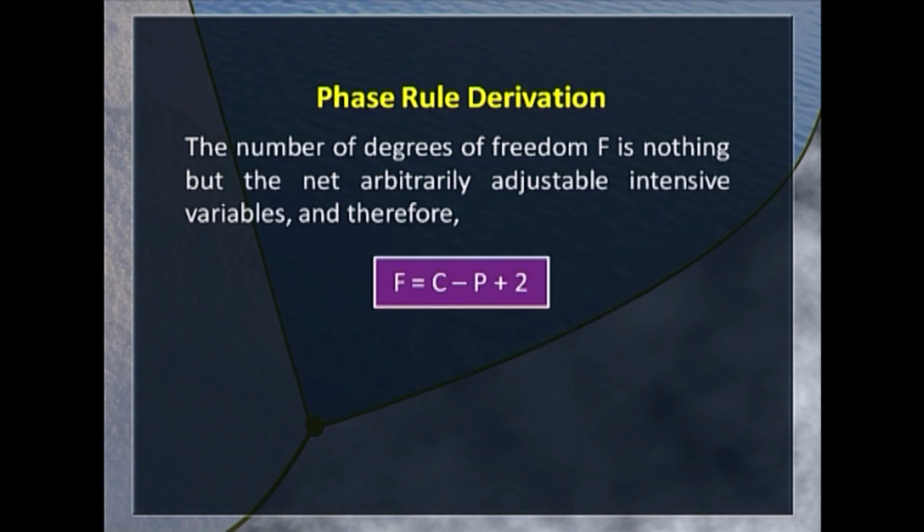The number of degrees of freedom is nothing but the net arbitrarily adjustable intensive variables. Therefore, we can write F is equal to C minus p plus 2. This is nothing but the Gibbs phase rule equation.